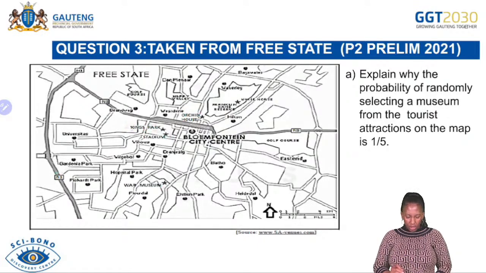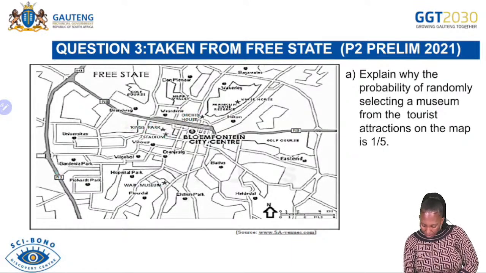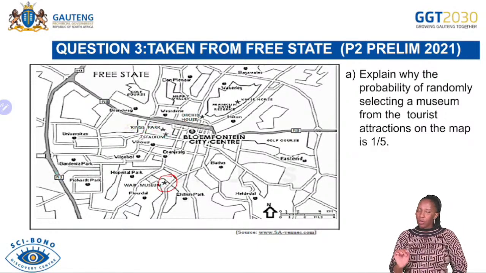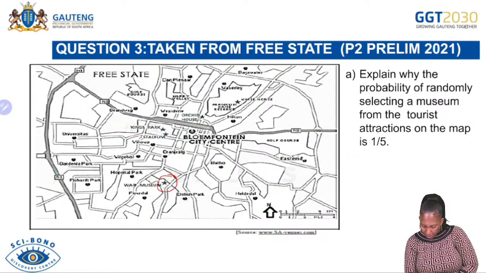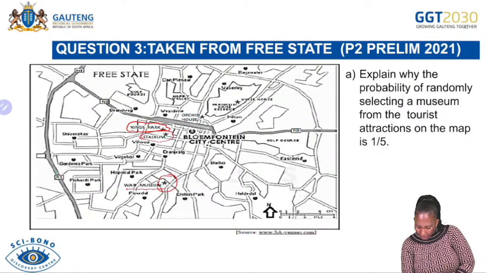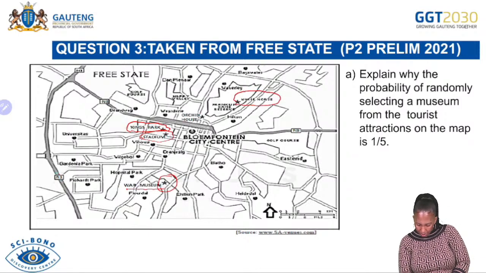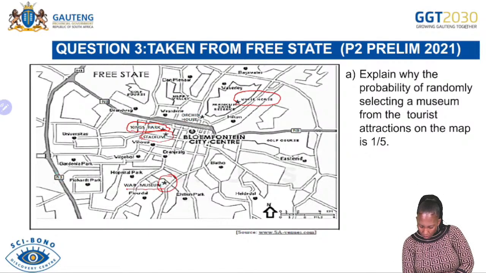So now these stars on the map, they indicate what? The tourist attraction. So how many stars do we have? We have the first one, the War Museum. And then we have another one here, King's Park. Another one, Stadium. And then another one here, White House. Is there any other? We have 1, 2, 3, 4. Okay, we have the Orchard House.